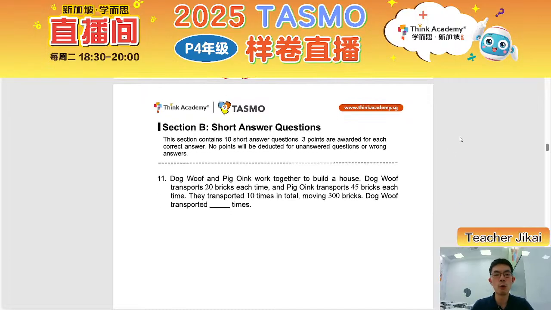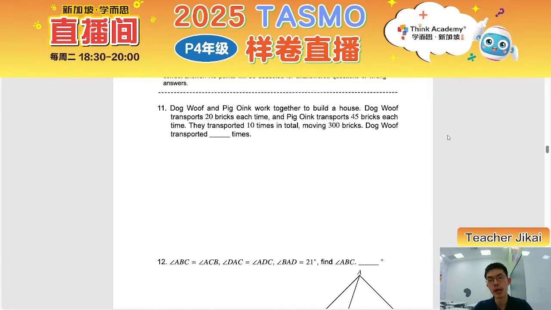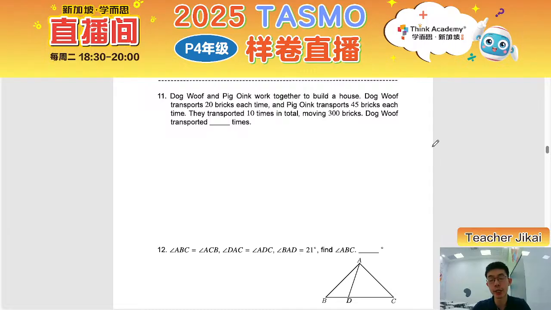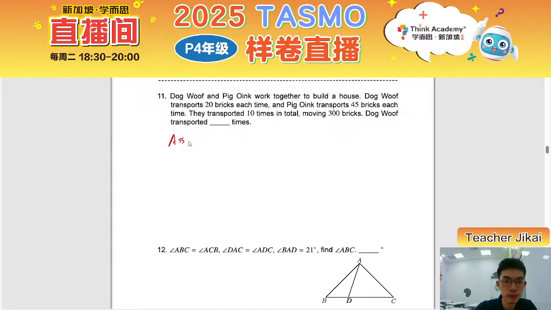So we have Dog Wolf and Pig Oink working together to build a house. Yes, it is a chicken and rabbit problem, right? It's super easy. So first, we just assume, we are asking about the Dog Wolf. So we just assume Pig Oink does all the work.